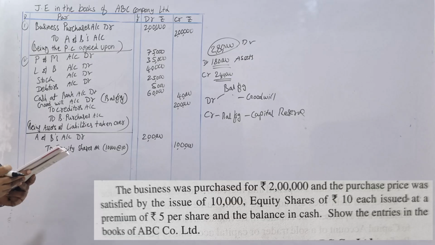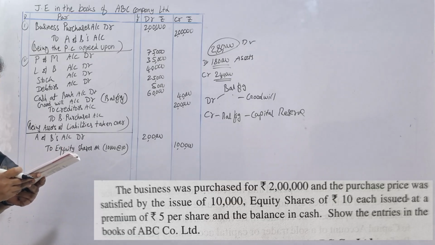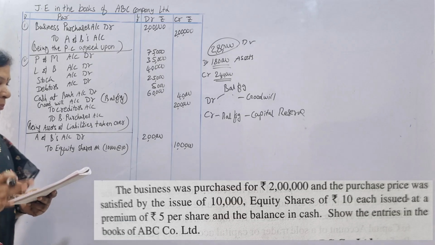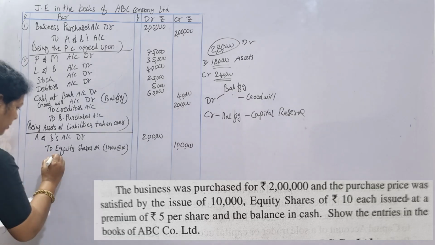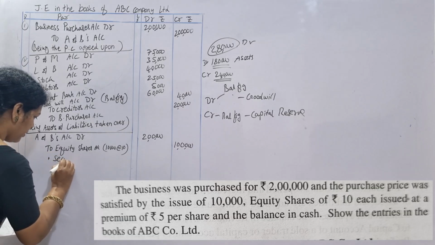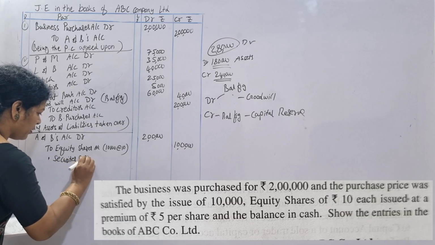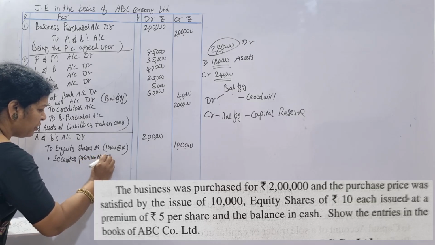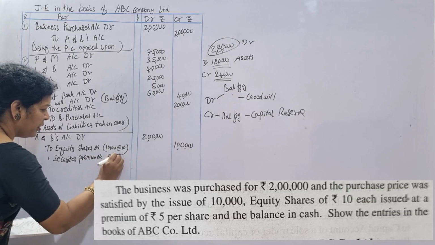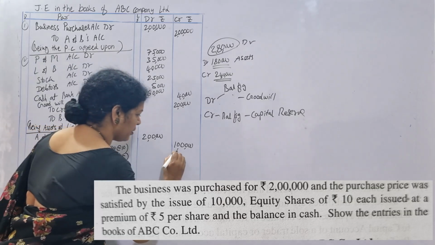Then after that, premium of 5,000. Premium to what do you say? Securities premium account. How many shares are there? 10,000 at the rate of 5 rupees. 10,000 into 5 comes to 50,000.